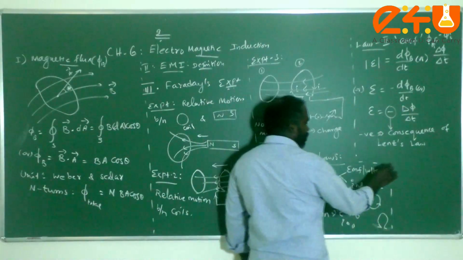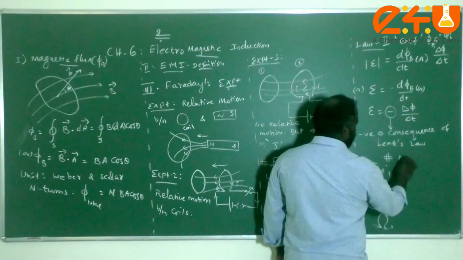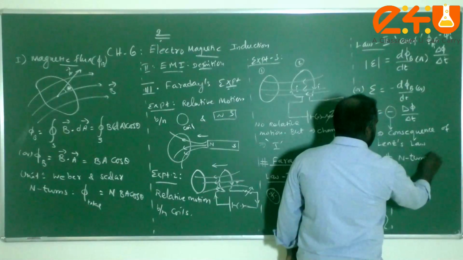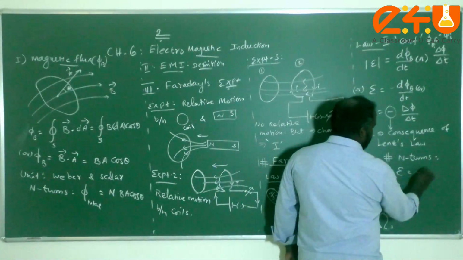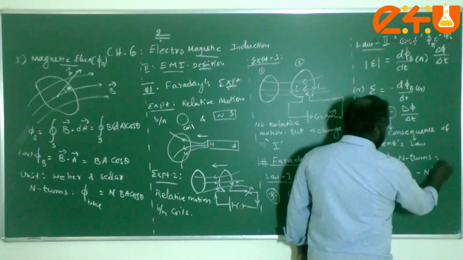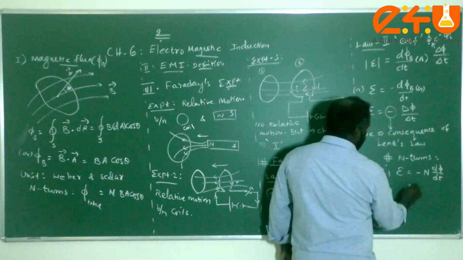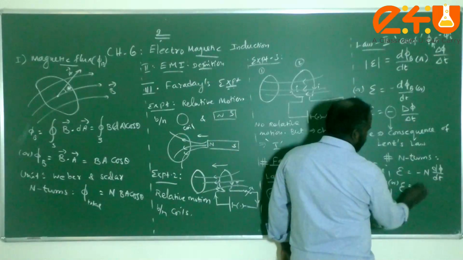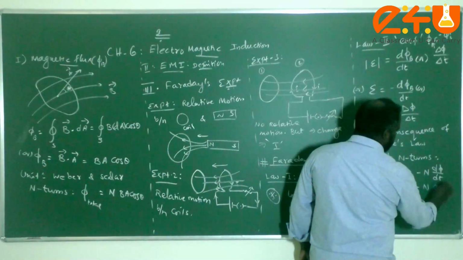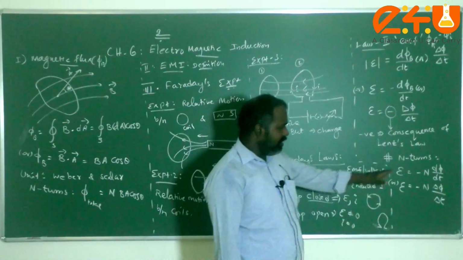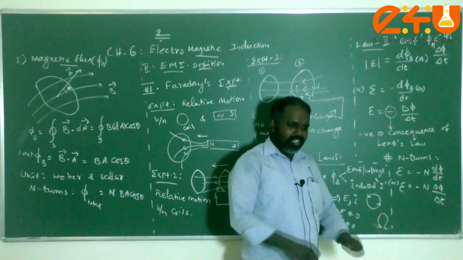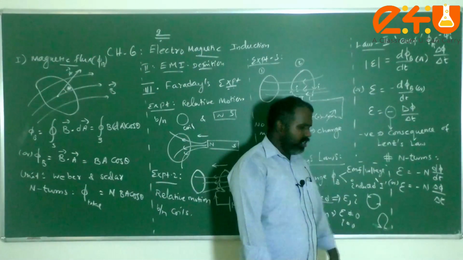If n turns are there, then the total EMF is n times dΦ by dt, or we can say n times ΔΦ by Δt. This is the case when n number of turns are there in the closed coil or loop.